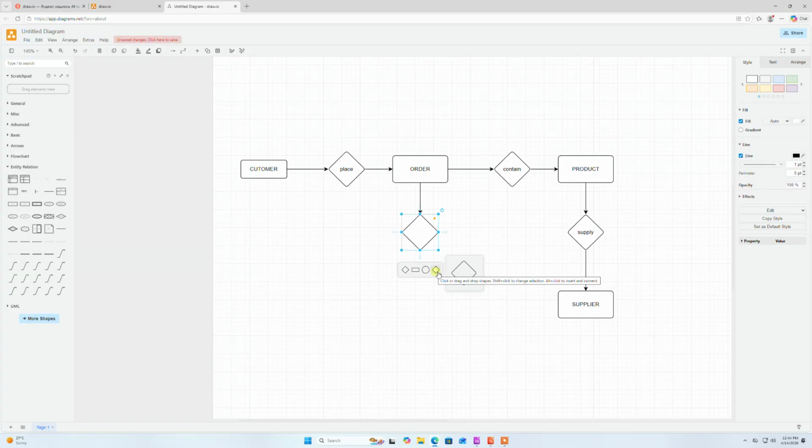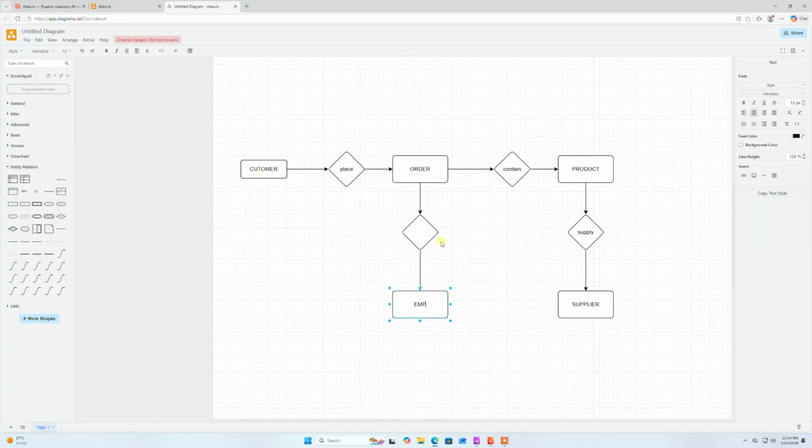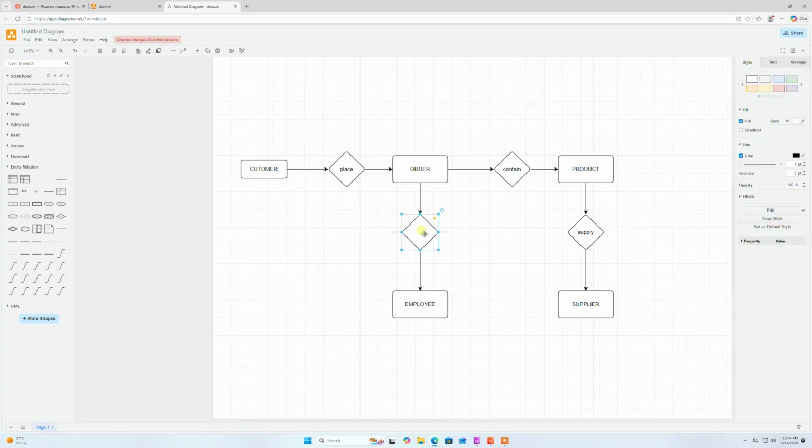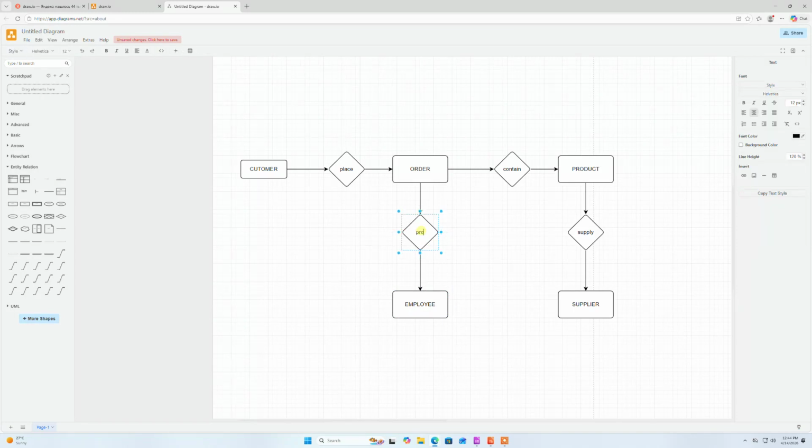So this is the employee, and between order and employee the relationship will be process. Okay, so this is the Chen notation of the ERD, entity relationship diagram.